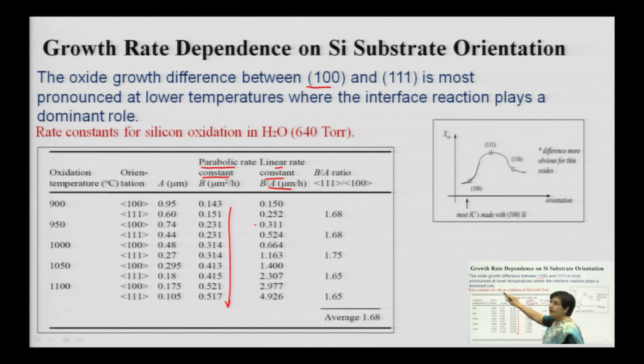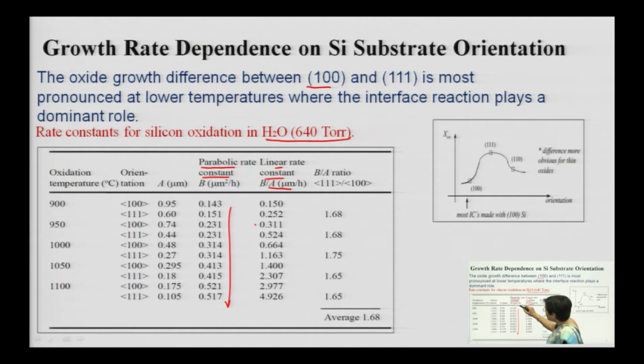Here it is studied under the wet oxidation regime, at 640 torr pressure. Practical studies have been carried out for both 100 and 111 orientations of the crystal, and both the rate constants, the linear B by A and the parabolic B, have been found.